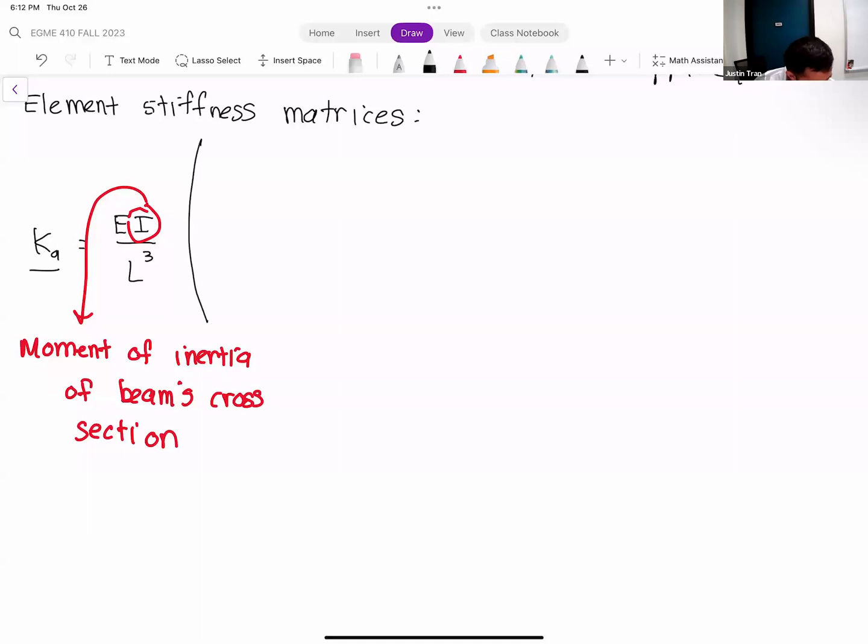So now that we've defined I, we can go ahead and write out the elements of the element stiffness matrix. Let's start with the first row. So the first row is 12, 6L, minus 12, 6L. Let's take that first row and write it into the first column like we usually do. And so this is going to be 6L, minus 12, 6L.